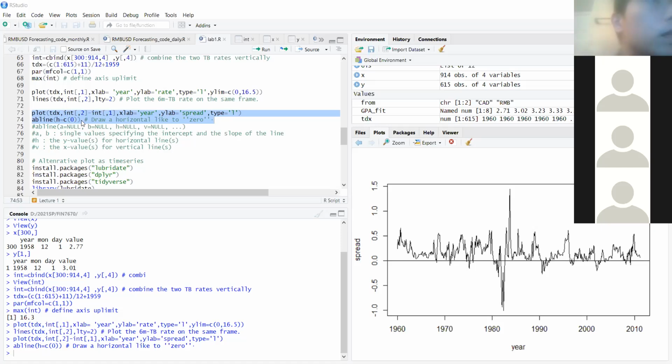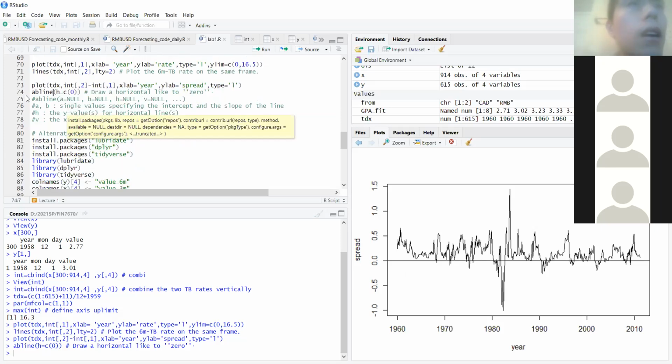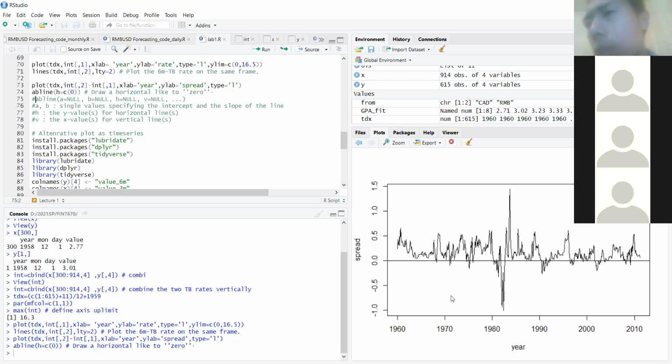Okay. The line here, I just draw a horizontal line at zero, right? In this case, it can highlight the magnitude. We call them abline, right? So I also give you some notes on the functions of abline; you can add any horizontal lines here, right?